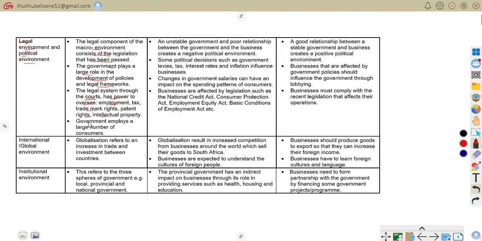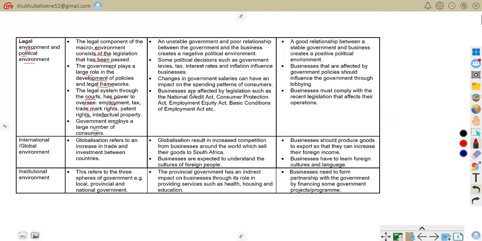So courts oversee legal matters and protect the rights of business and customers. Government employs a large number of consumers, so salaries influence spending in the market.